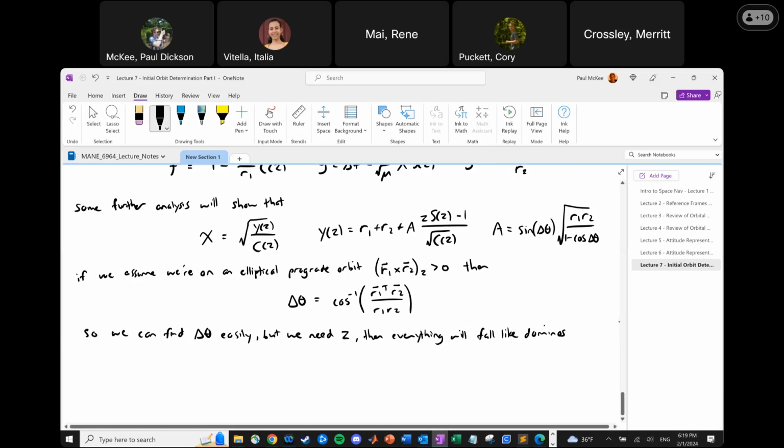All right, I'm on to my next page here. We will iterate to solve Z. So we will begin with an initial guess that Z is some small positive number.